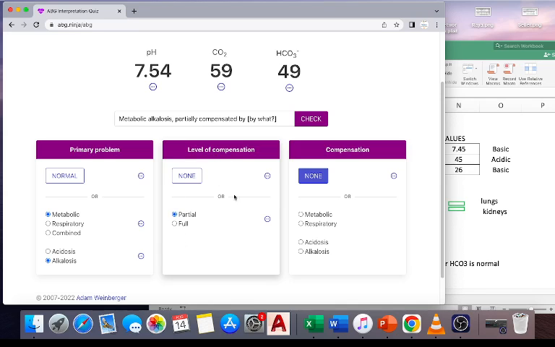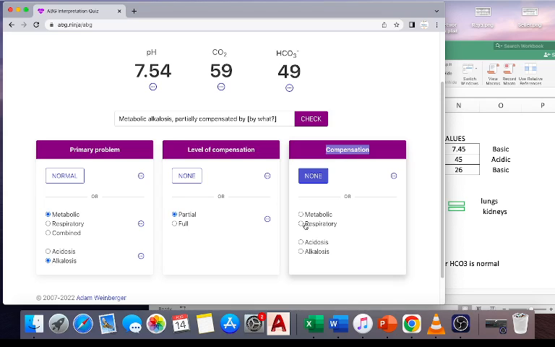There is an attempt to correct, but it's not yet effective because the pH is still in alkalosis. So it's partial.